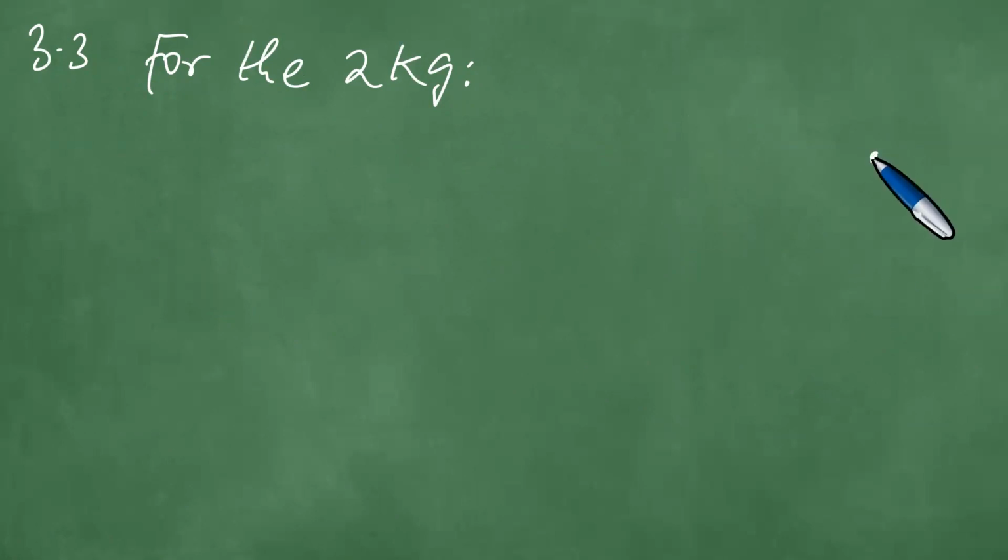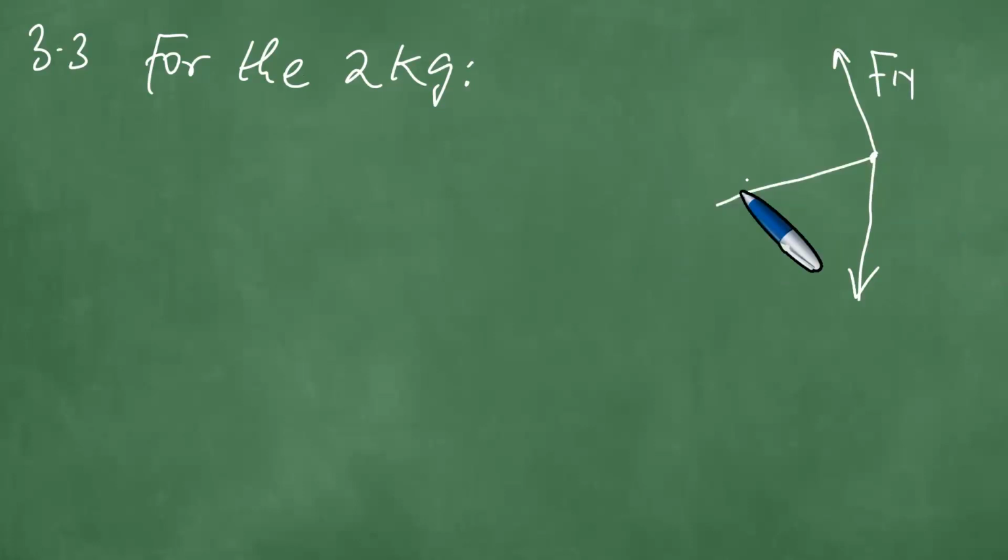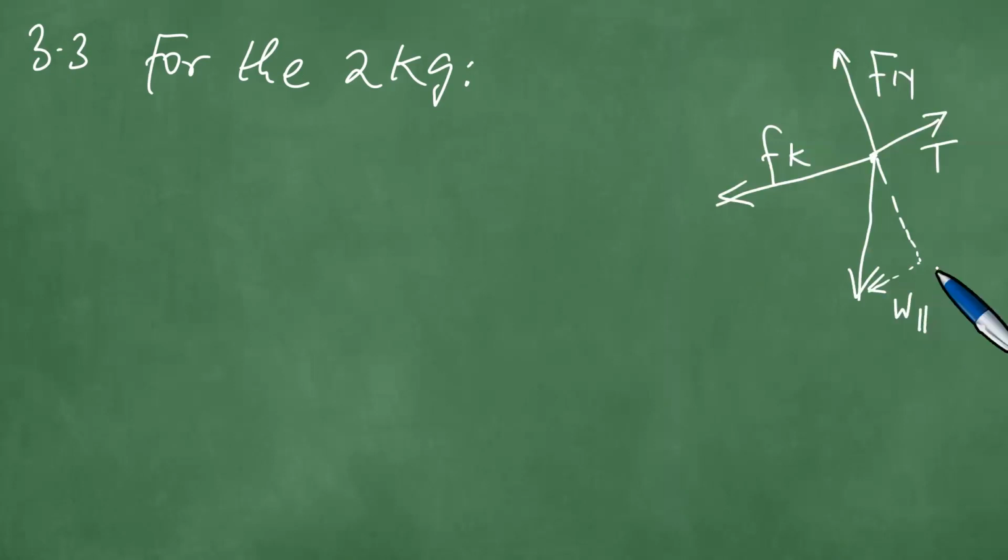It has its weight, the normal force, the kinetic friction, and the tension in the string. The weight will always have its own components: the parallel component and the perpendicular component.